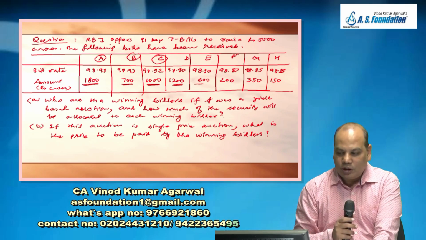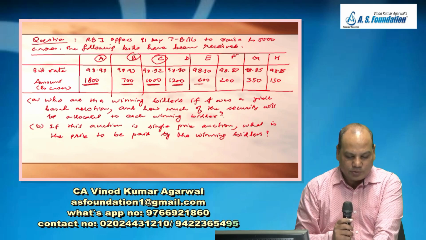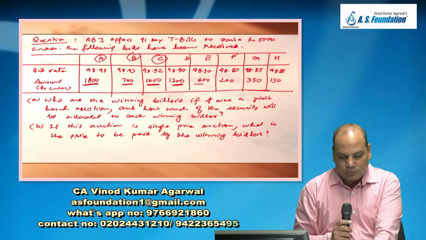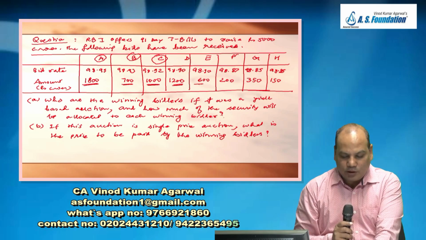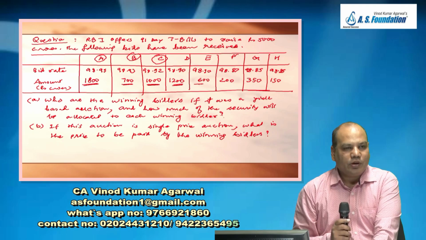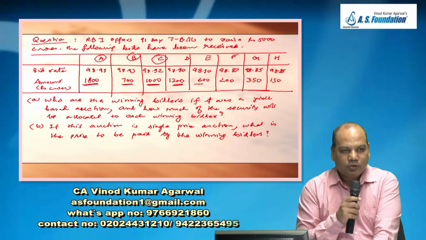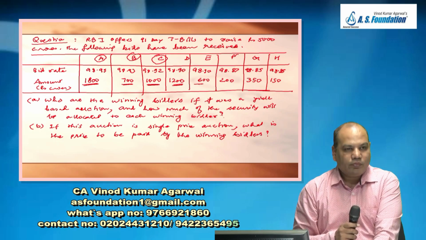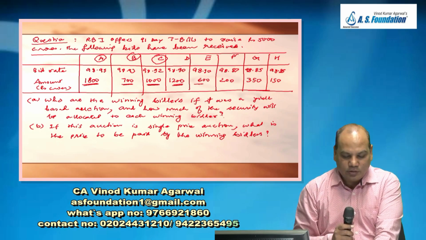Bracket close. D and E will be allotted rupees 1500 crore in the ratio of 1200 is to 600, that is 2:1. Okay. Again next line.